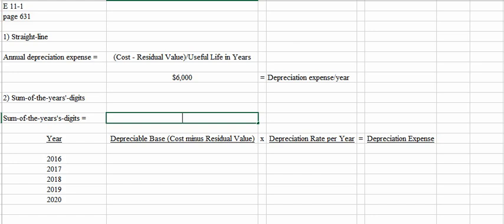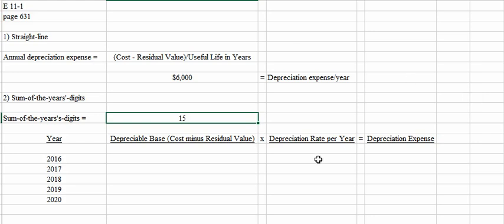So what we're going to do is say, okay, we've got 5 years total, so we're going to add together 1 plus 2 plus 3 plus 4 plus 5. Sum of the year's digits. We've got year 1, year 2, year 3, year 4, and year 5. So when we add all those together, we get 15.